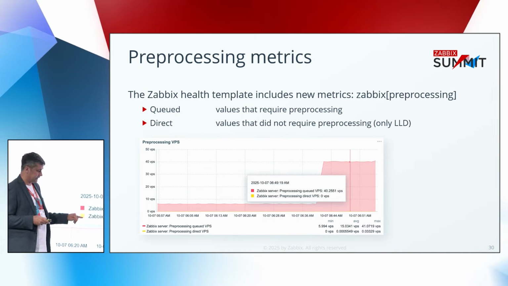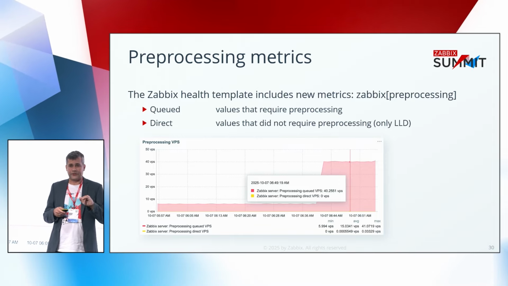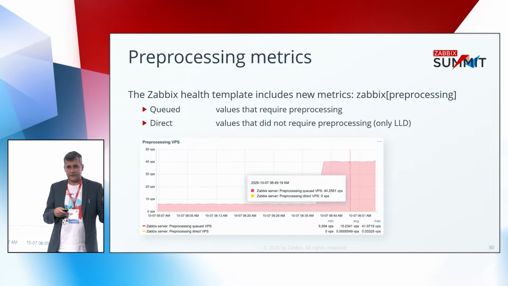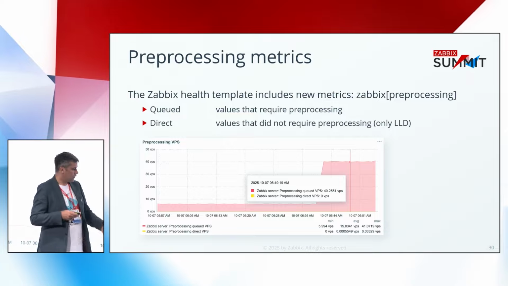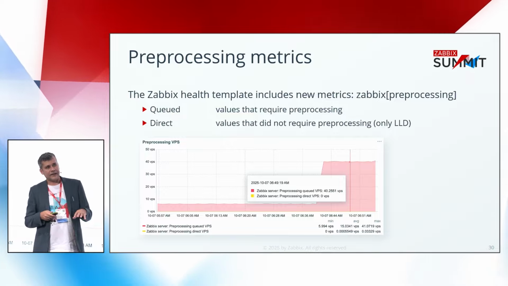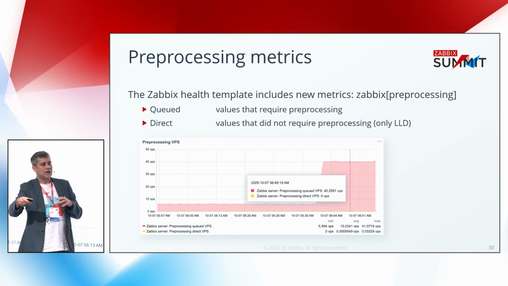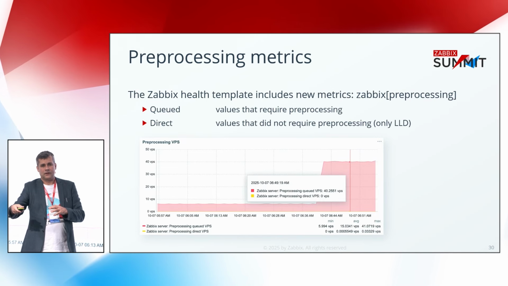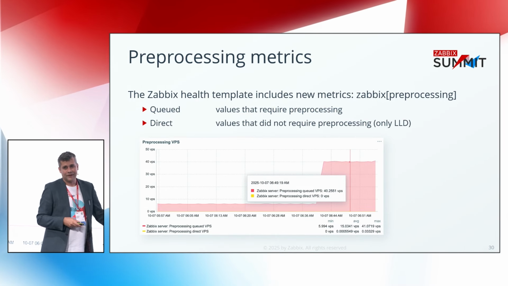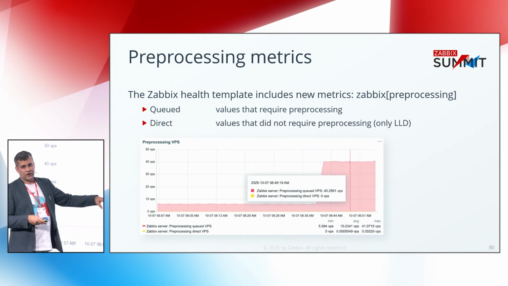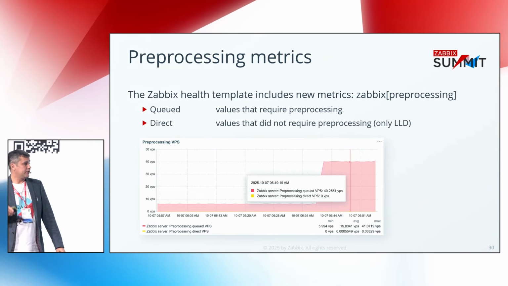And the yellow line displays only LLD rules. So the yellow line is not displaying bypassing items. The yellow line is displaying items which went into the preprocessing without preprocessing steps, which currently are only LLD rules, as I know. Which should be very low. But this is not items with or without preprocessing. This graph represents all items which went into the preprocessing.